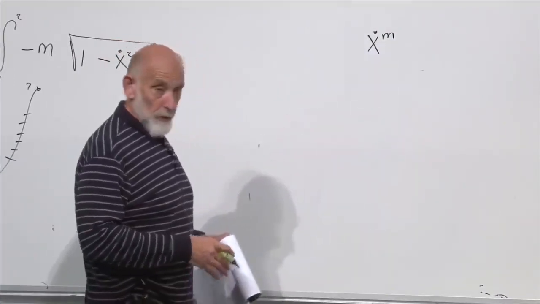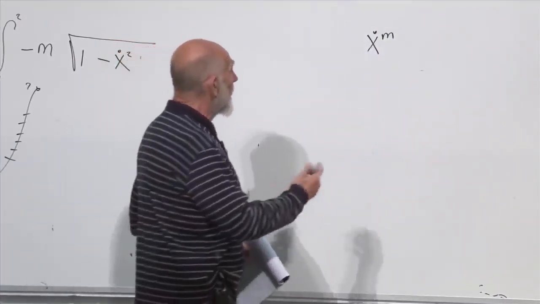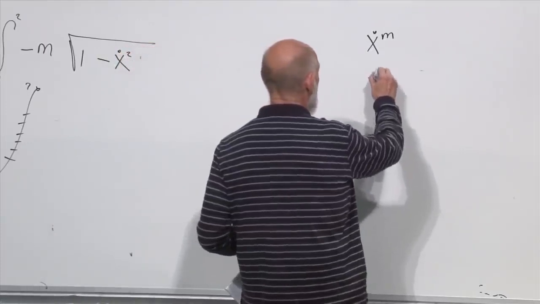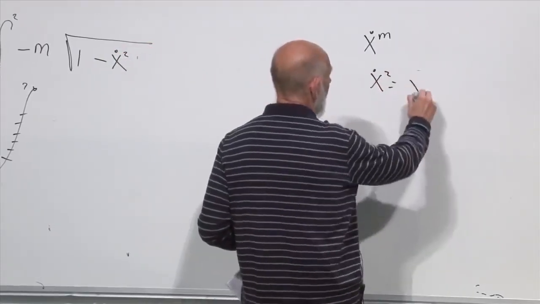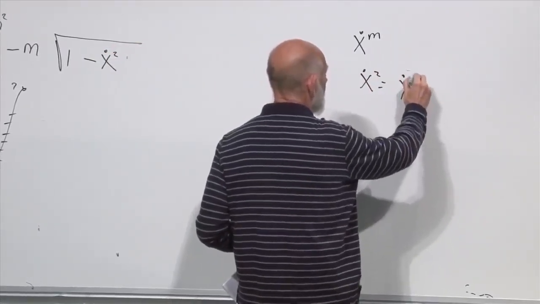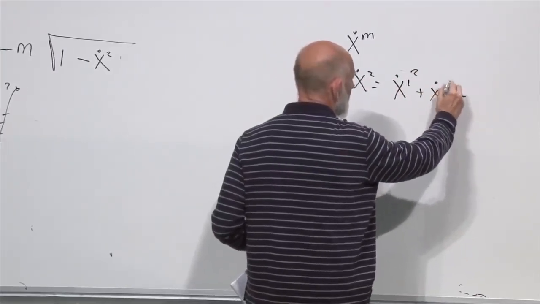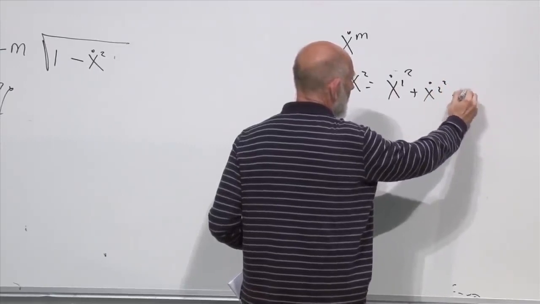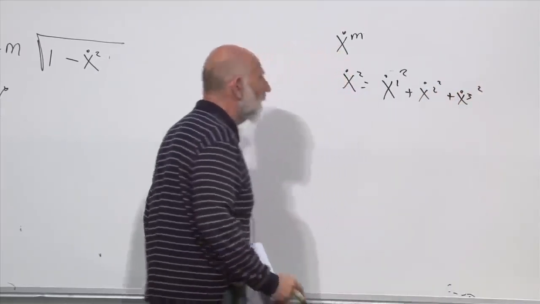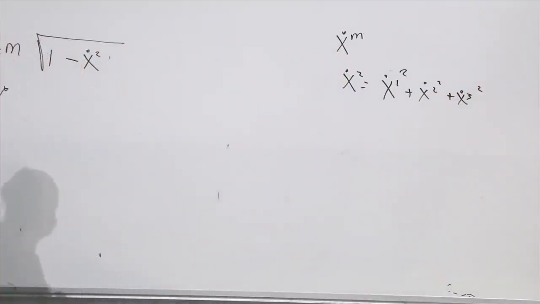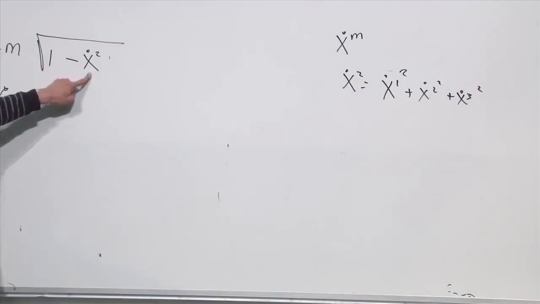Here m is just a 3-vector symbol, and x dot squared means x1 dot squared plus x2 dot squared plus x3 dot squared, in other words, the total square of the velocity, summed over 1, 2, and 3.